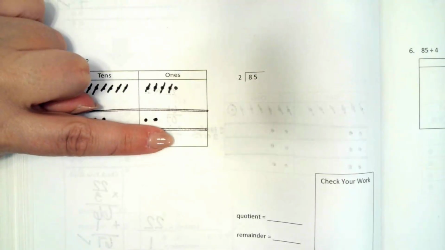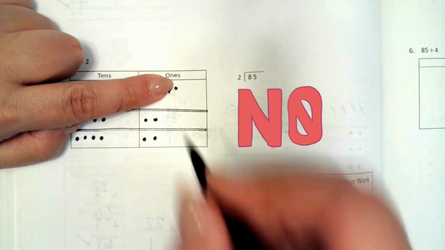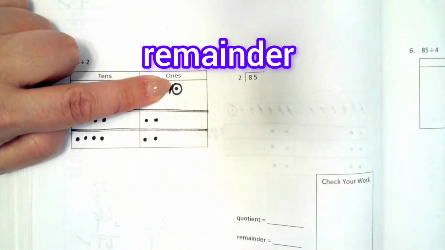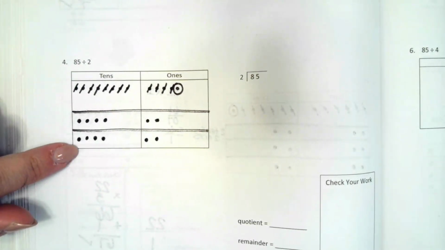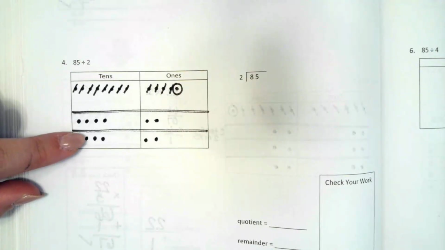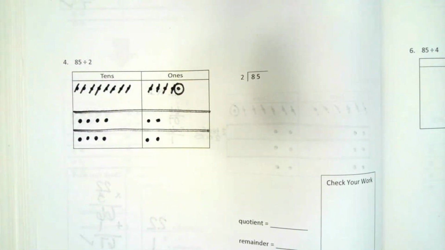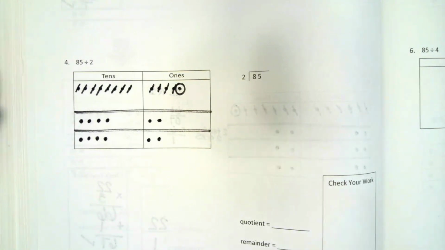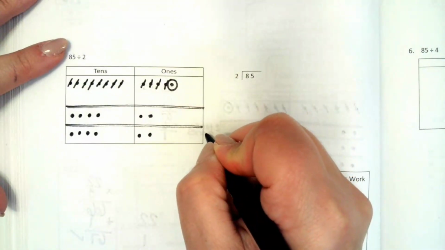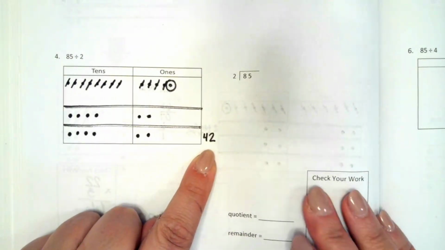Can I put 1 more in each group? No, that means this 1 is the remainder. Let's see, what do we have in each group? 1, 2, 3, 4 tens and 2 ones. What number is 4 tens and 2 ones? Did you say 42? I'm going to write that here so we don't forget.